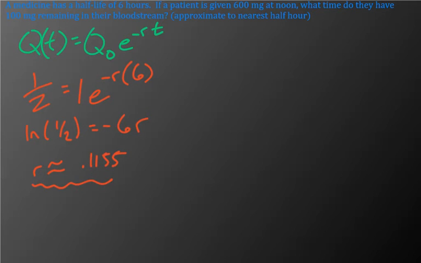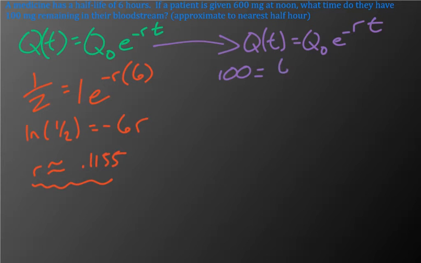We're going to go back to this kind of equation, but this time plug in the rate. So the end amount is 100. We have 100 milligrams remaining. Started with 600. We know the rate now is about 0.1155, and then the time is what I want to know.